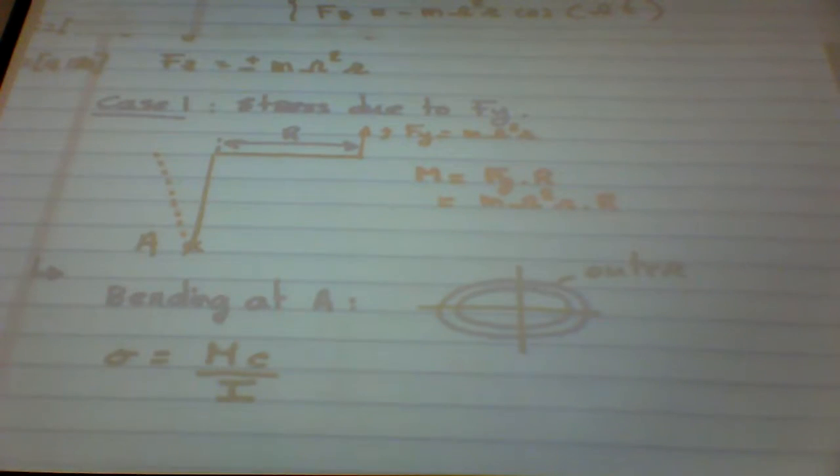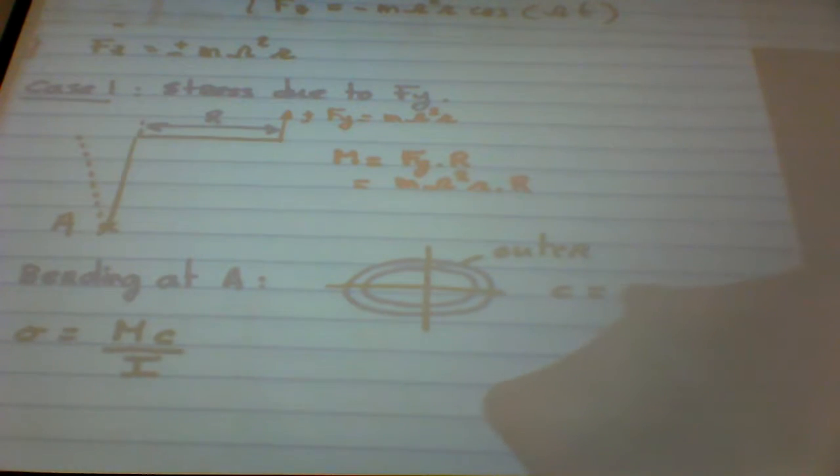So it would be Mc over I, where c should be equal to what? The outer rim. That's too many r's, I can just use the diameter here. So let's say this will be the outside diameter divided by 2.